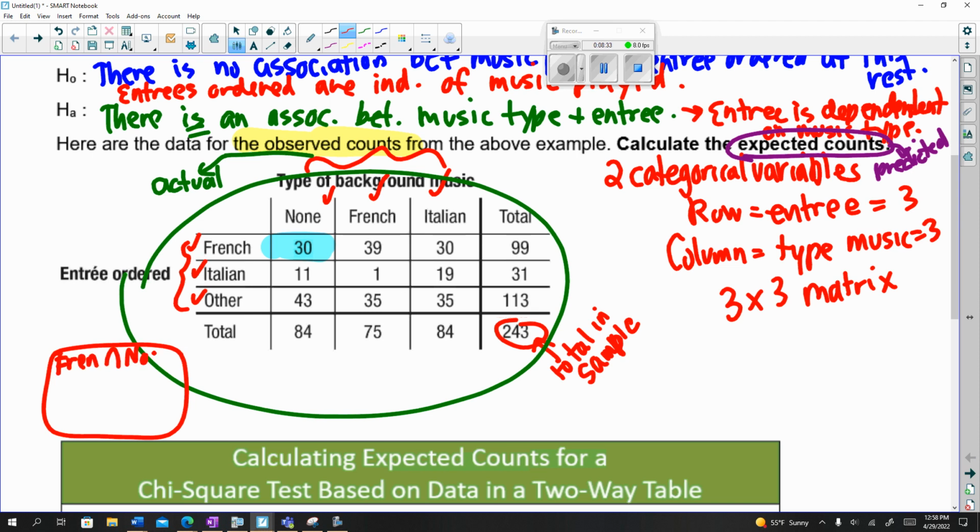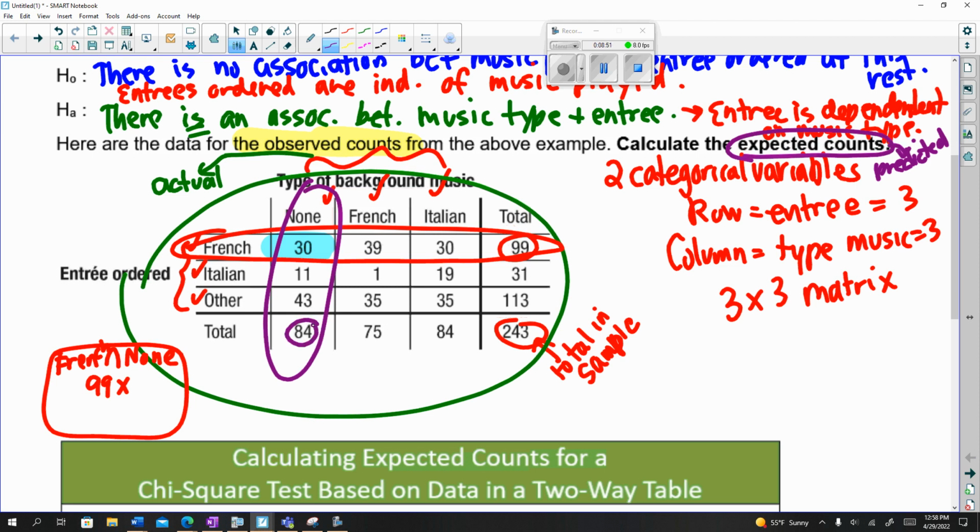Remember the intersection is the "and," which means where they overlap. The row total for French is 99 because there's 99 total French entrees ordered. The column total is none, so that would be the 84. And then the total is what's on the bottom right-hand side of the whole table, and that's 243.